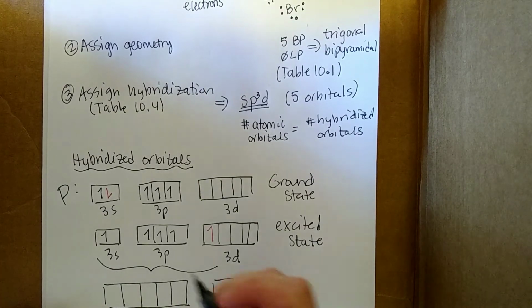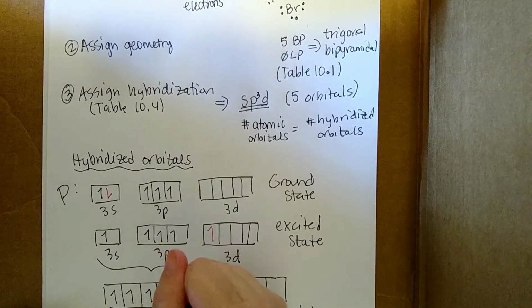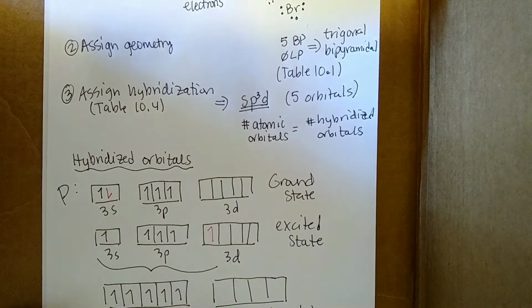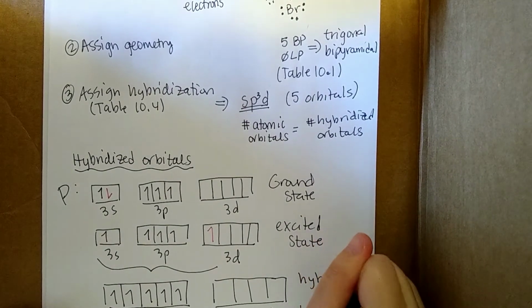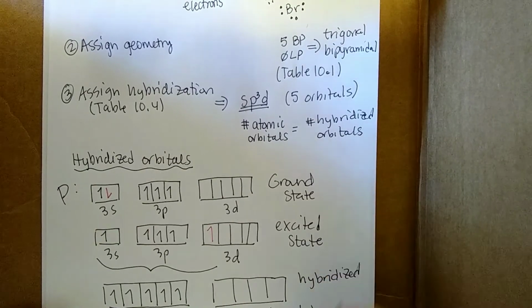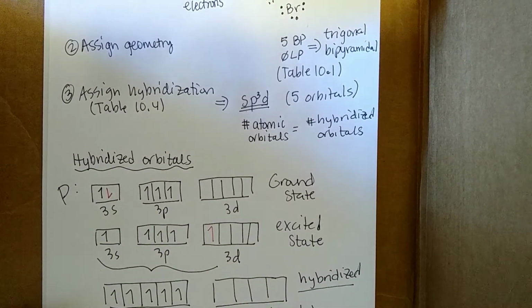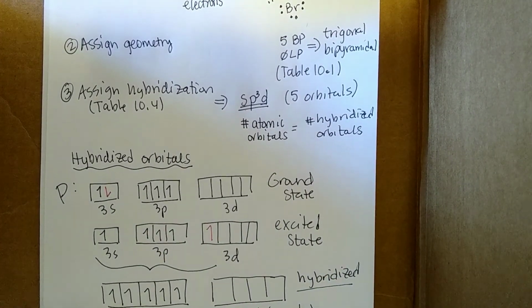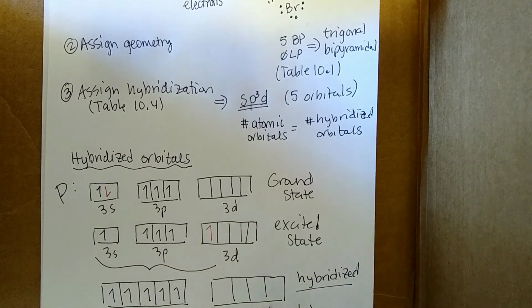And this is going to look like so. We have an electron in each one of these hybridized orbitals. And we have these empty 3d states that can also form bonds. So this is the way to think of the electron configuration of the phosphorus in our molecule.